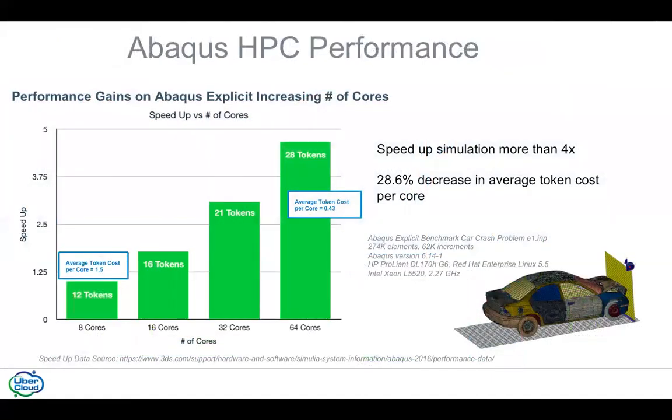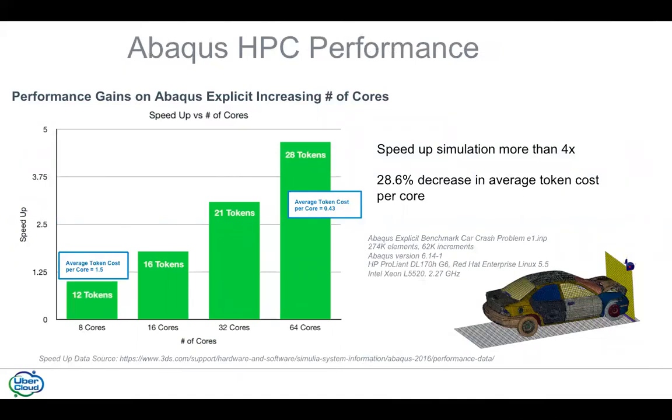So I want to move to some Abaqus benchmark data. Abaqus Standard, Explicit, CFD, they already perform well with parallel computing. So with the freedom to choose the right hardware configuration based on my analysis type and picking as many cores as I need, I can easily increase my performance gains even further.